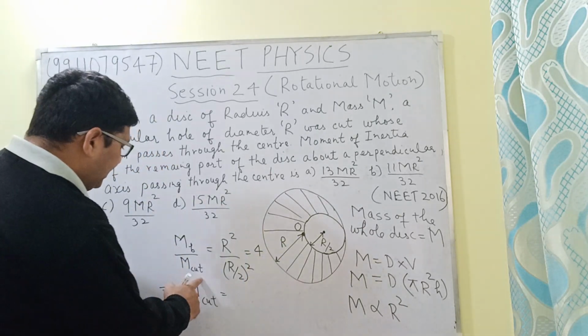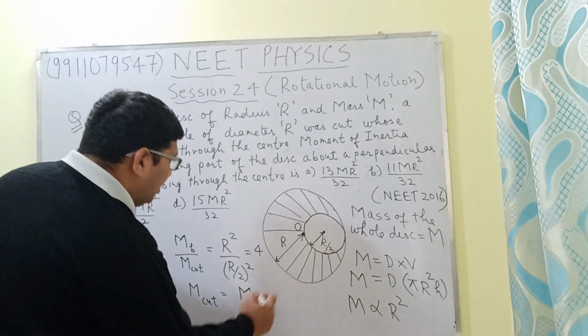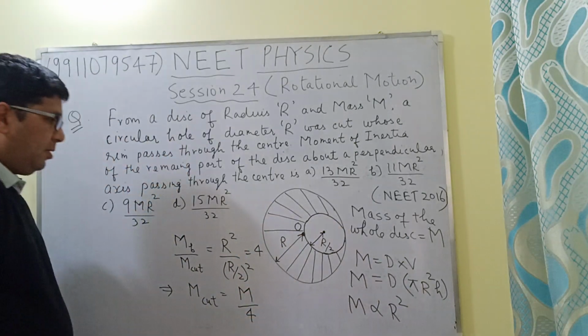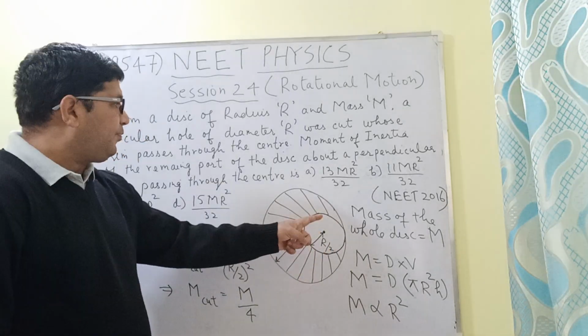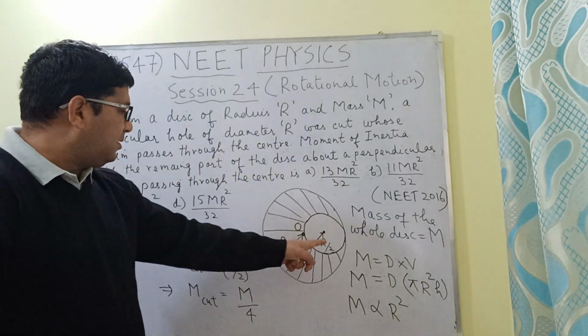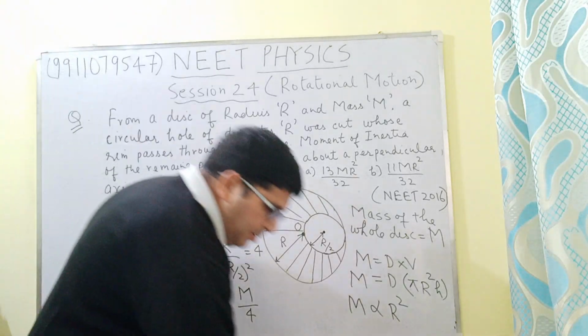So the mass of the cut disc is equal to the mass of the whole disc divided by 4, that is m by 4. So the mass of the disc which has been cut, whose rim is passing through the center and which has a radius of r by 2, is equal to m by 4.